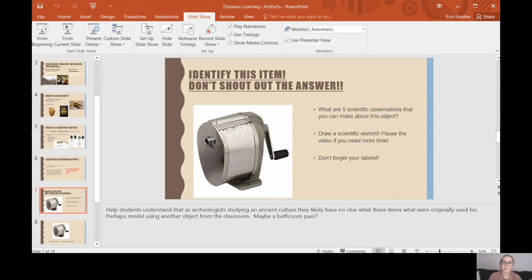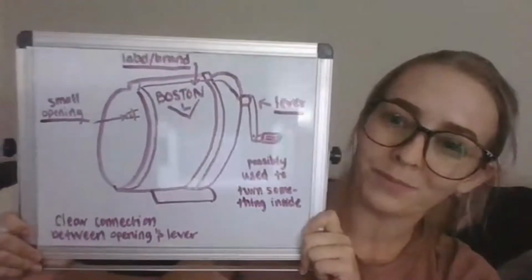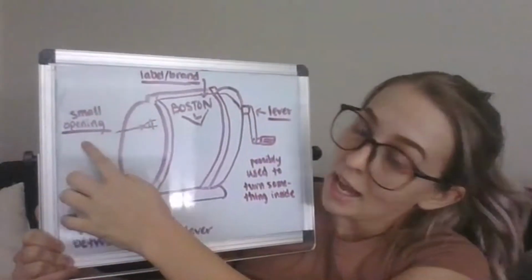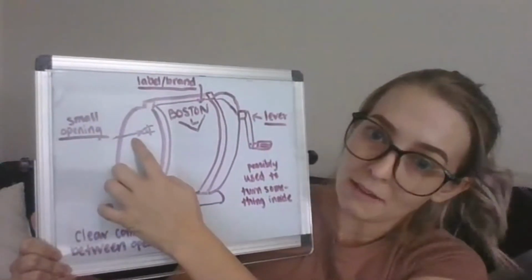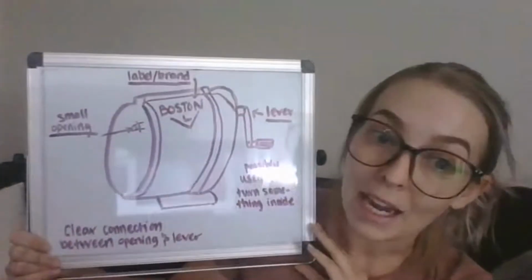Real quick, before I have you pause your video, I am going to show you my sketch of this object. All right, so here's mine. I did it on my whiteboard. You can see I have some labels, and I point them to specific pieces on here with an arrow.